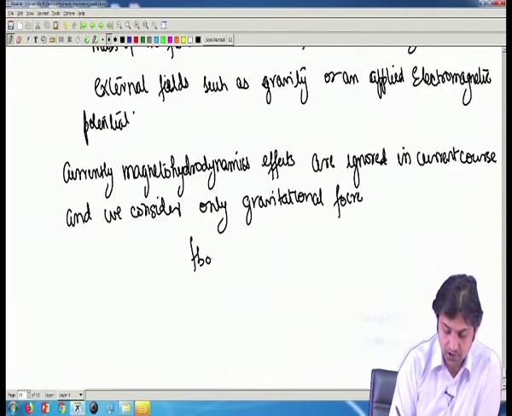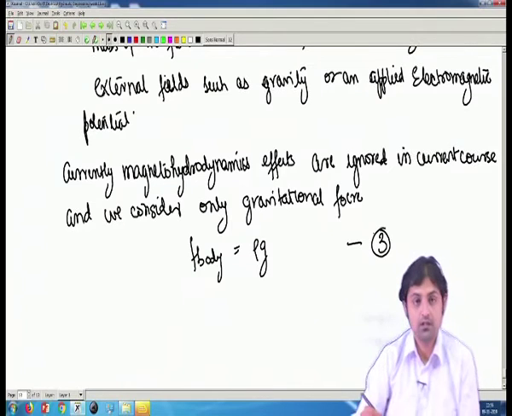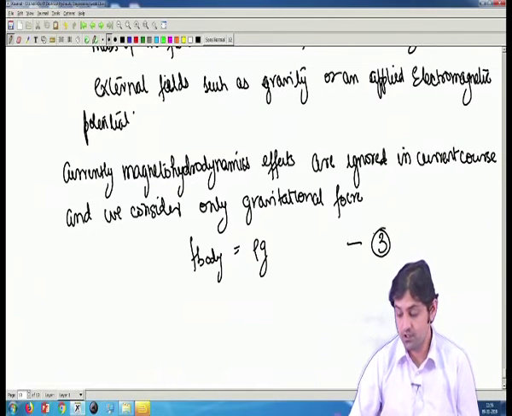So, f body is written as rho g, alright, and this we call equation number 3.